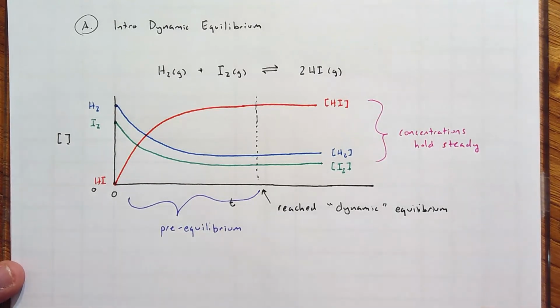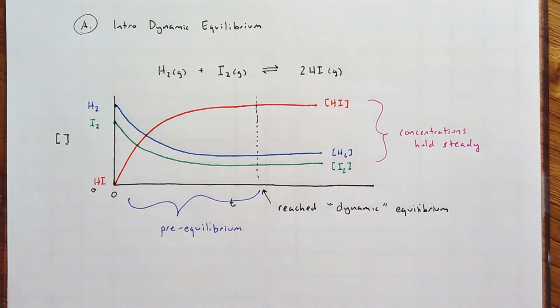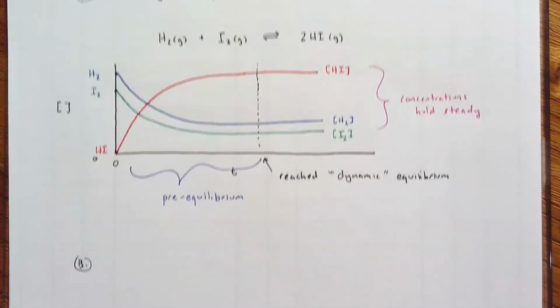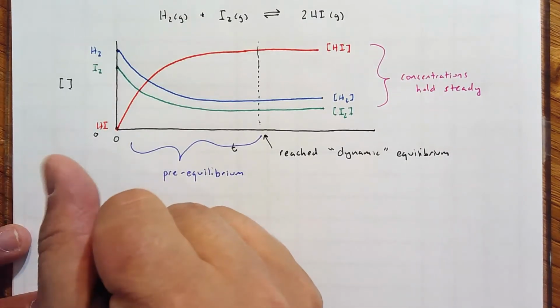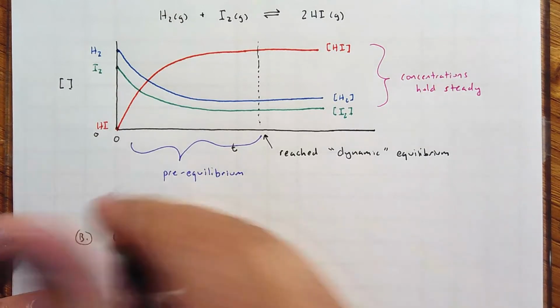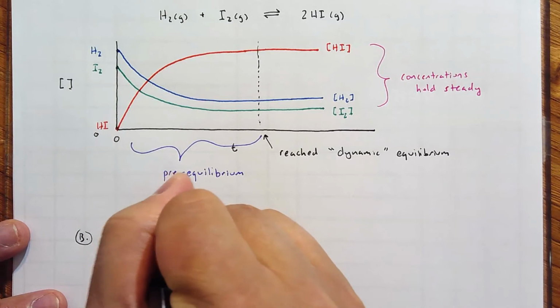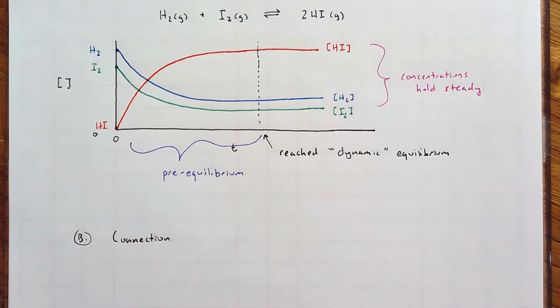Next, I want to try to connect this with the previous units. This is part B. What is the connection between dynamic equilibrium and terms that we've learned before, such as spontaneity and reaction rate?